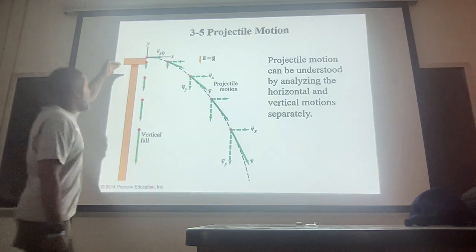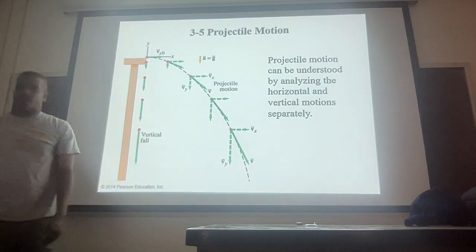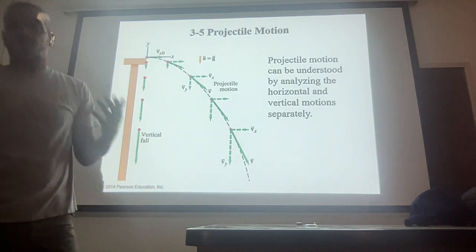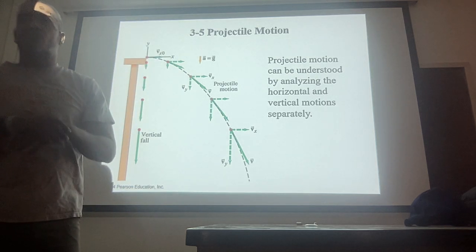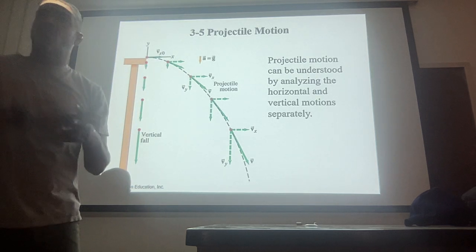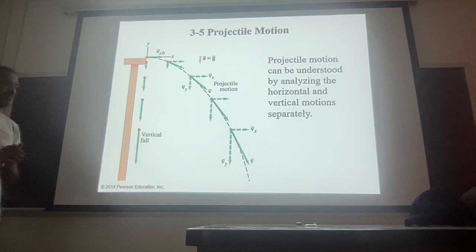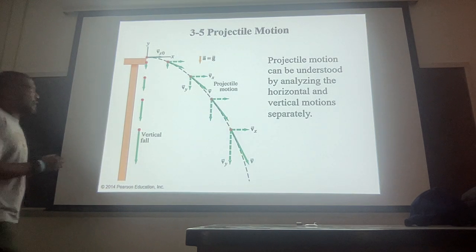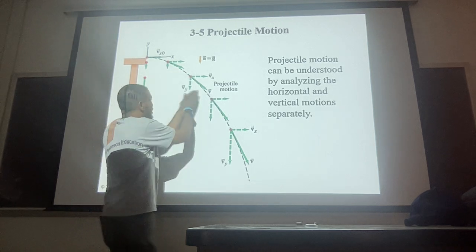But what if I rolled the ball off the table? Now we've got a different motion. And y'all know that, the difference between dropping something and rolling it off a cliff. If you see here, at every point we can break its motion into what?